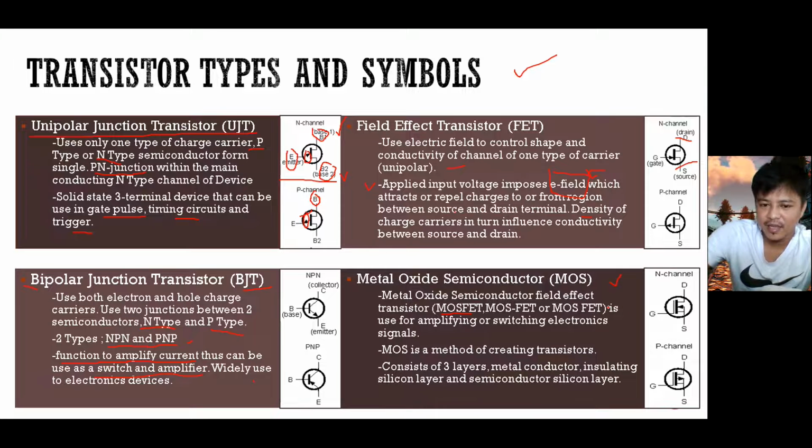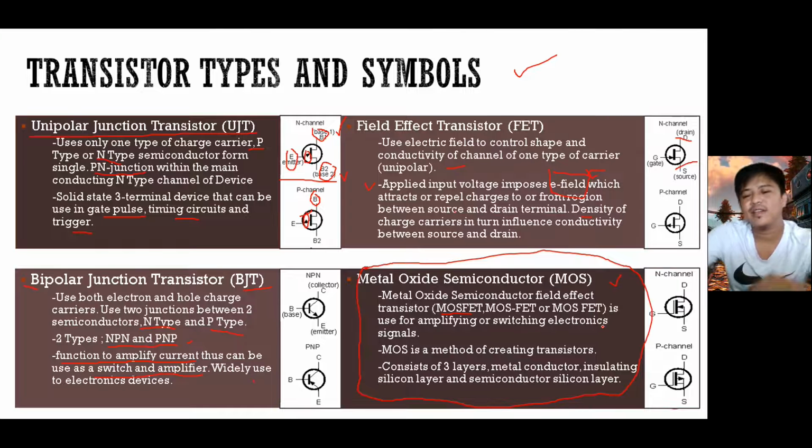Just like I said earlier, we will not be focusing on this one, but this is really an essential tool in developing semiconductor devices, most especially in integrated circuits. Okay, so let us go to the next slide.